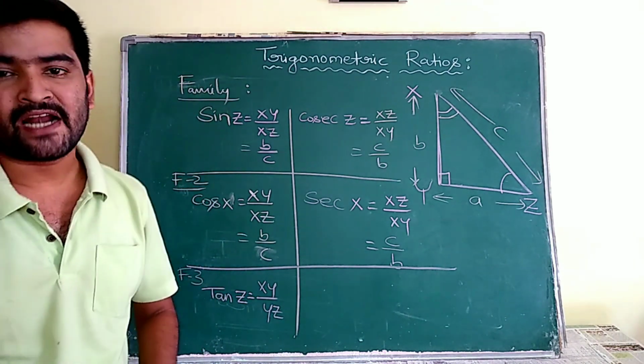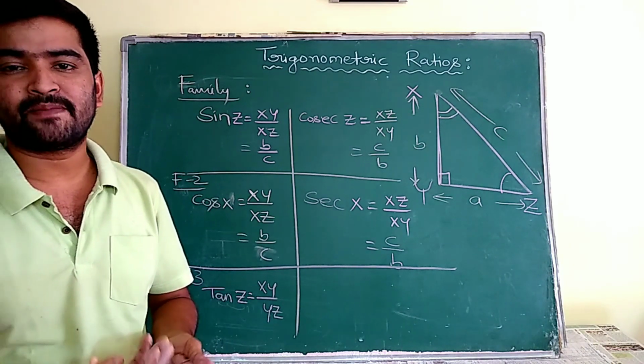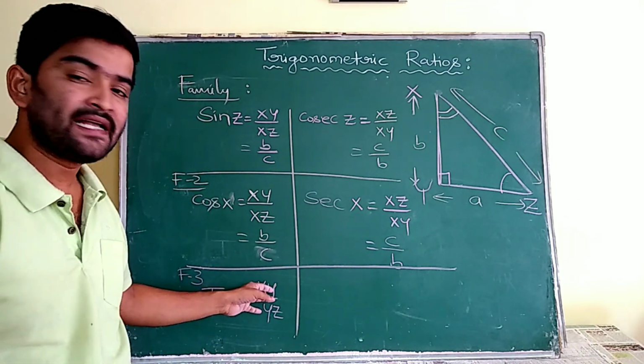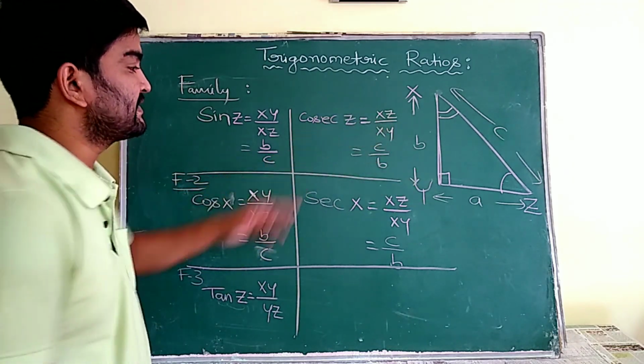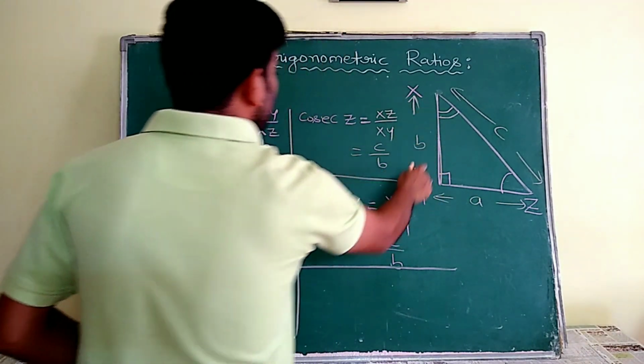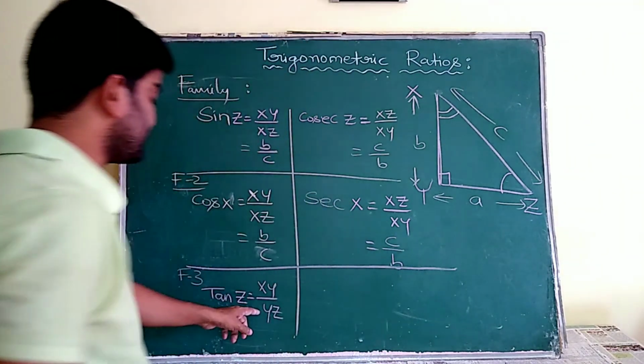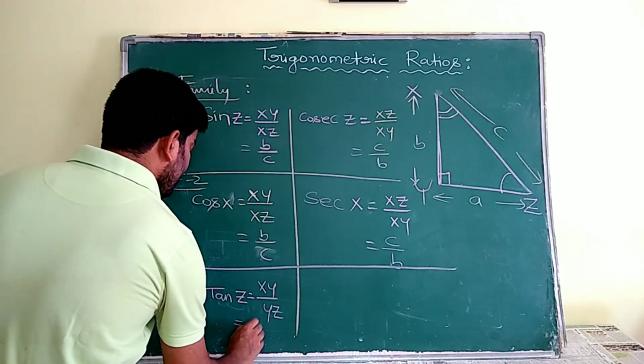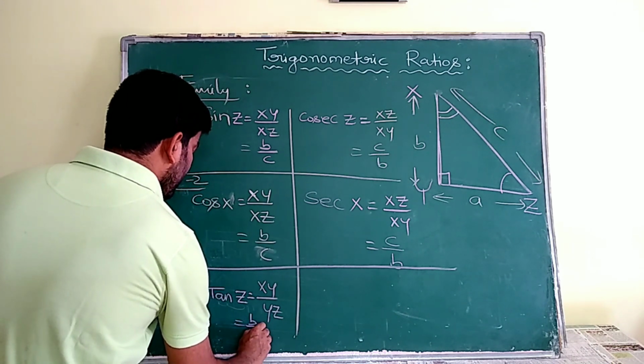Tan means opposite side by adjacent side. So z's opposite side is XY and z's adjacent side is YZ. So XY by YZ, XY means b by a.